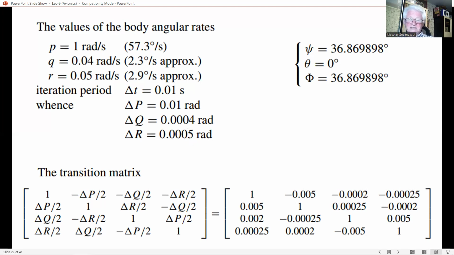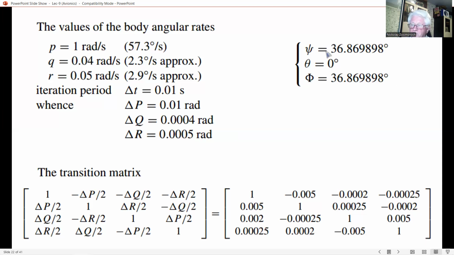The Euler angles at time t n are calculated using our equation, substituting the values for e0, e1, e2, e3, from which we can get this system.